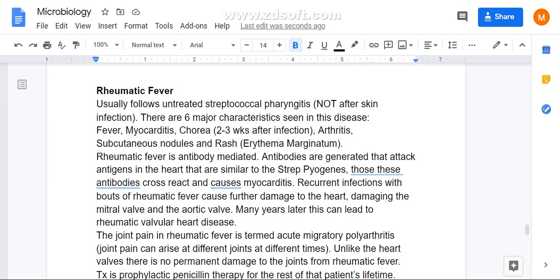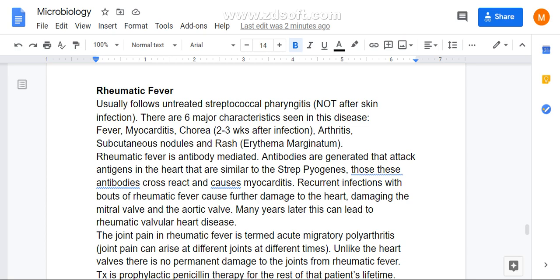Okay, so the first one is rheumatic fever. This usually follows untreated streptococcal pharyngitis, not a skin infection. That's very important to know. So if your patient had streptococcal pharyngitis, you can think, okay, maybe he might have rheumatic fever later on, a couple weeks on or a month after, right?